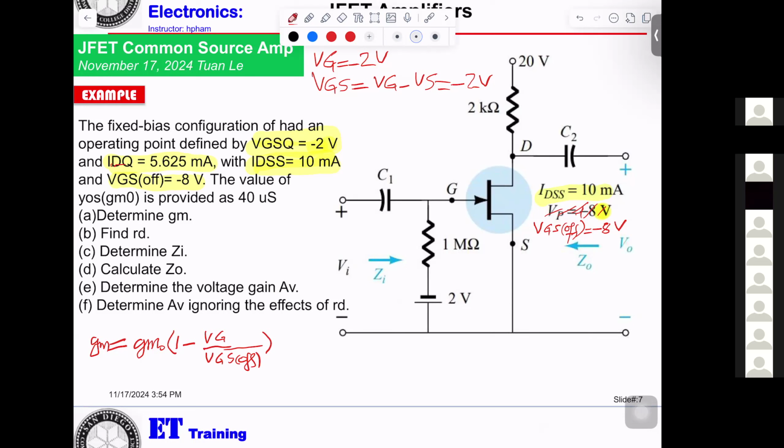It's VGS on top too. Okay, gm0 equals 2 times IDSS divided by VGS off. Yes. So now you can calculate the gm0.